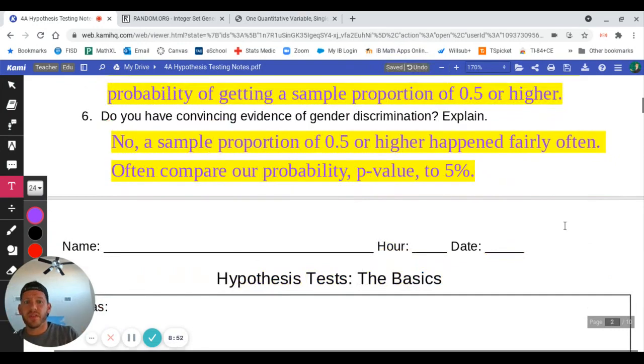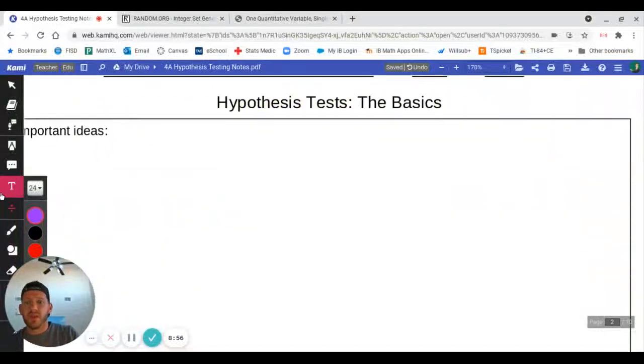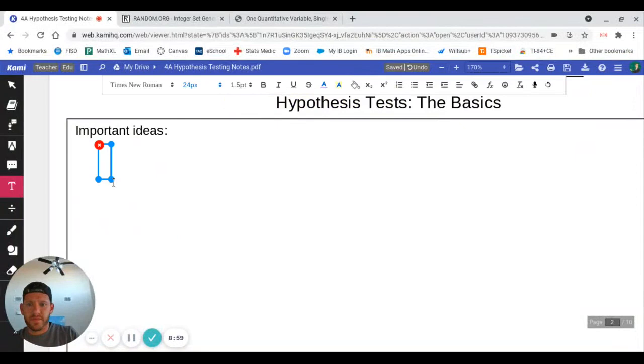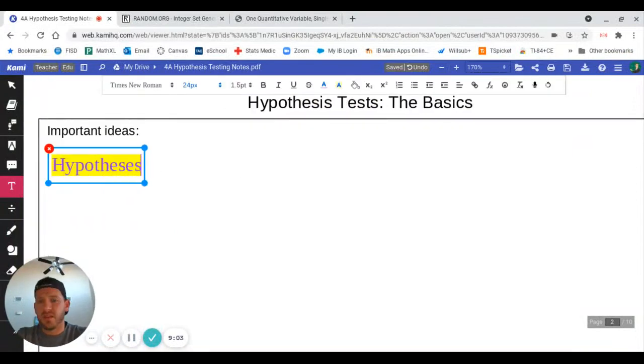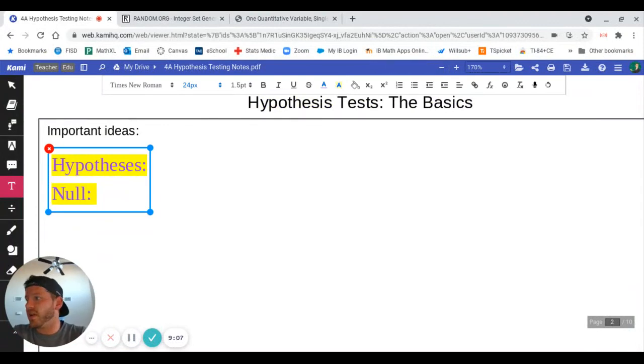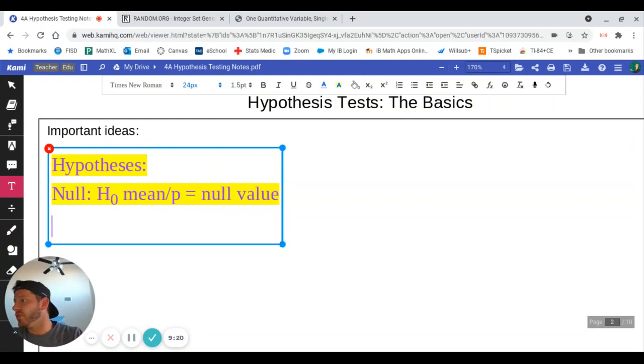So let's jot down some of the basics on the next page. We have, let me scroll over so I got some more room here. Nice big box here. We have our null hypothesis, H sub 0. And so that's either going to be, remember we have mean, or our proportion. And that's going to equal our null value.